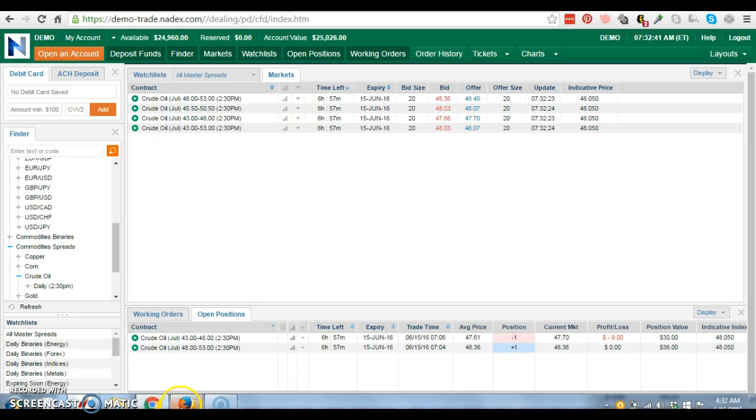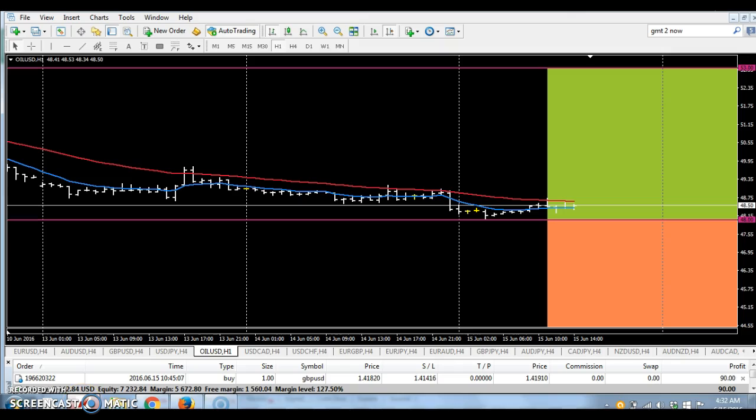On my Forex chart, it's trading at 48.50. So it's actually closer to down, right about where the floor is and the ceiling. The floor of the bull spread and the ceiling of the bear spread.